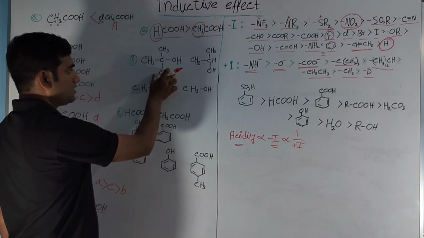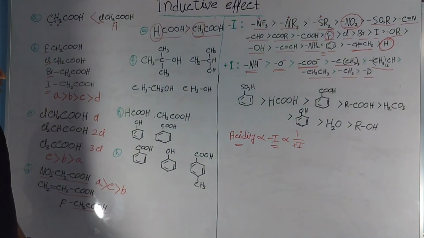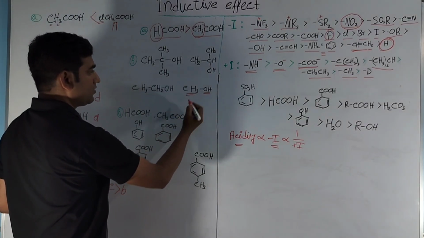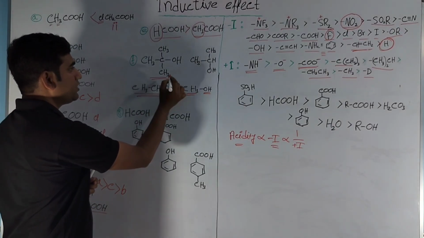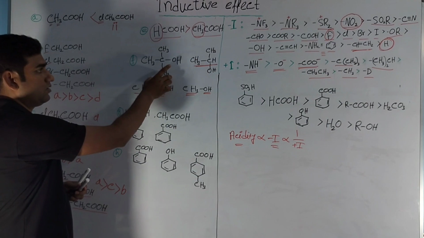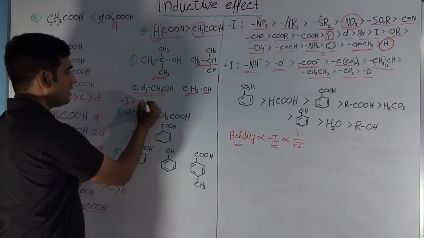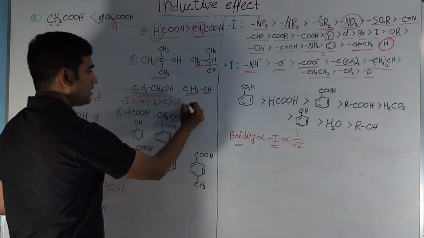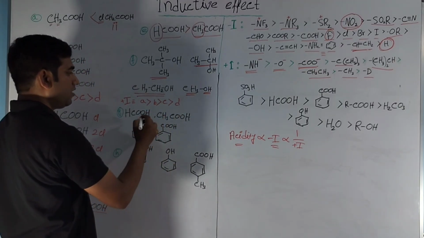If you observe, the OH group is attached with alkyl groups, and all are plus I groups. So the most powerful plus I group is the first one, then the second, A, then B, then C, then D. Plus I is inversely proportional to acidity, so the acidity order will reverse.